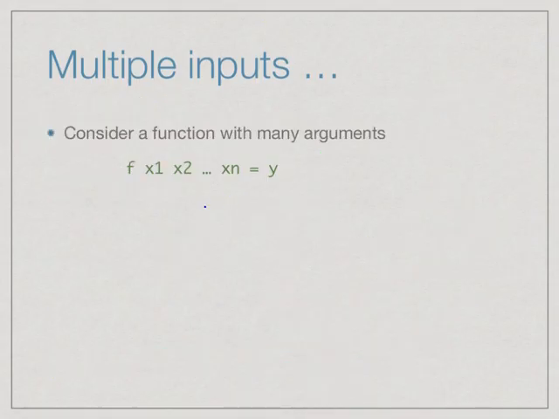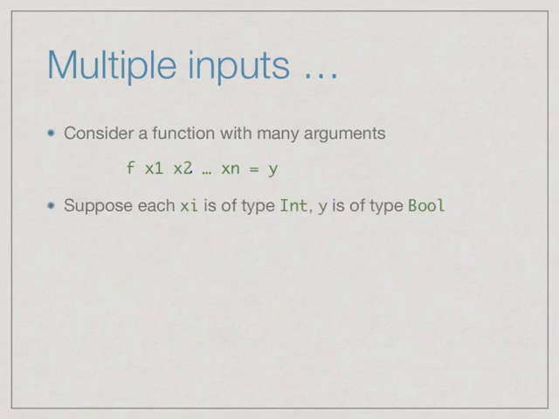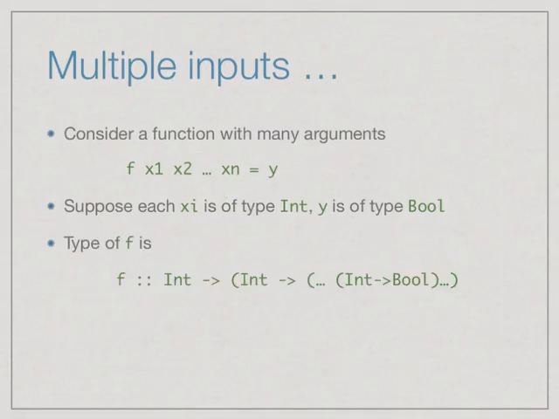So in general, we could have a function which takes, say, n arguments and produces an answer. Suppose in this particular function that we are looking at, each of the inputs 1 to n is int, and say the last one is of type bool. Then by our earlier description, we would start by working backwards.